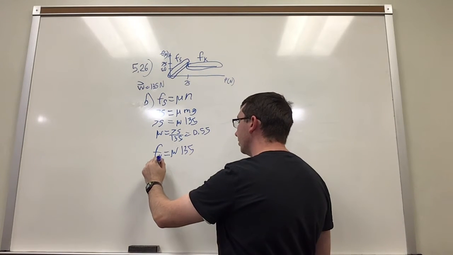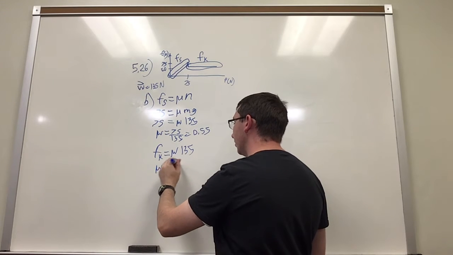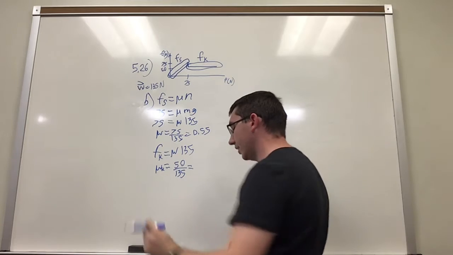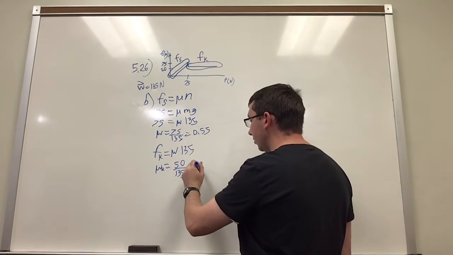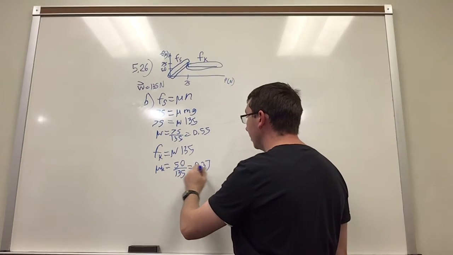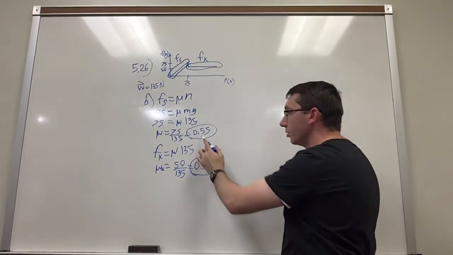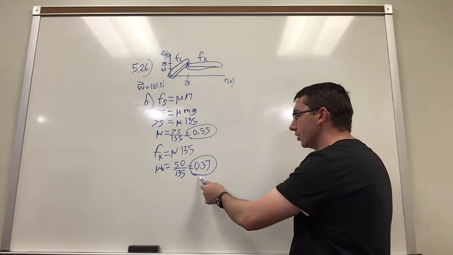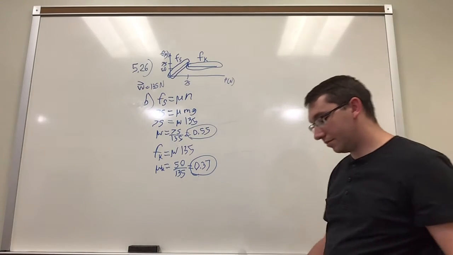So mu of K is going to be equal to 50 divided by 135, which, once you do the math, equals 0.37. So your coefficient of static friction is 0.55, and your coefficient of kinetic friction is 0.37.